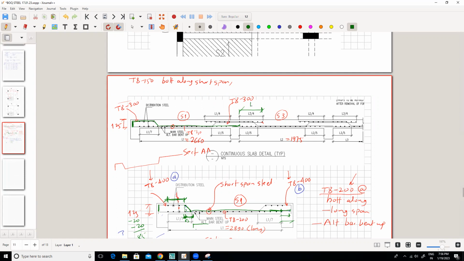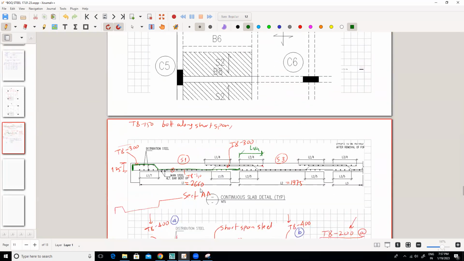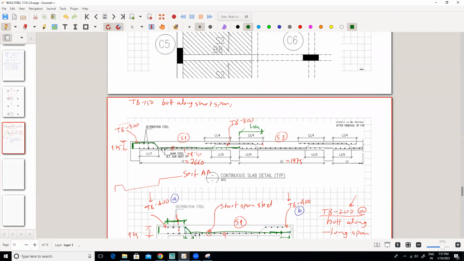We are only adding this L2/4 additional distance in this. So 1975 divided by 4 will be the additional distance. बाकी ये सेम ही है, L1 then point same procedure ये, समझ रहा है कि नहीं? Any questions in this section?